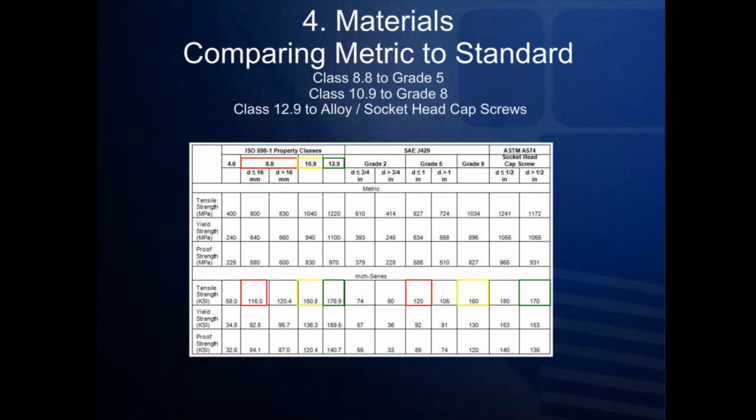It is fairly easy to see that the tensile strength, which is defined as the minimum pressure at which a bolt will break, is relatively the same for a class 8.8 when compared to a grade 5. Also, the tensile strength of a class 10.9 is almost identical to that of a grade 8. And the class 12.9, which is often the socket head cap screws, is practically the same as the ASTM A574 for socket head cap screws.